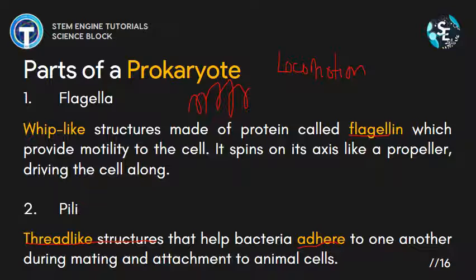Kung halimbawa meron siyang gustong kapitan na isang organism, it is through pili or pilus kaya siya nakakakapit. These thread-like structures adhere to the surface of the cells that it wants to cling on to. So, etong dalawa na to ang isa sa mga pinaka-importanting parts ng prokaryote dahil kapag wala ito, it is very impossible for them to actually live.